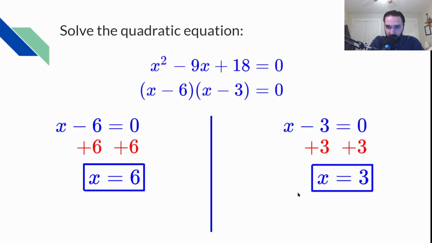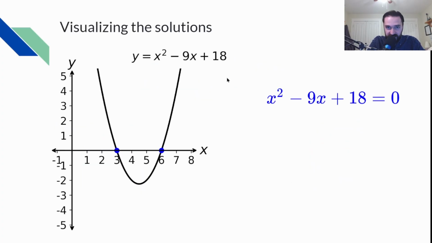We can visualize these solutions by plotting the curve y equals x squared minus 9x plus 18. This is what the curve looks like. When we solve this equation here, x squared minus 9x plus 18 equals 0, we're setting y equal to 0, which means we're finding the x-intercepts of this parabola.